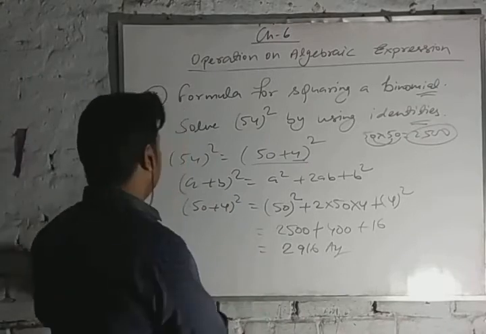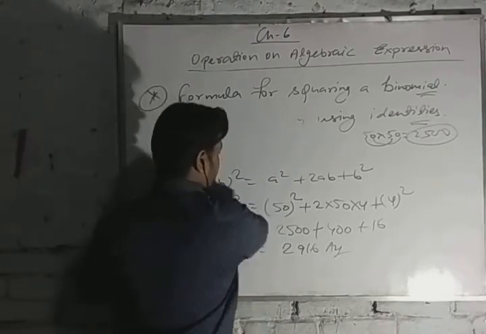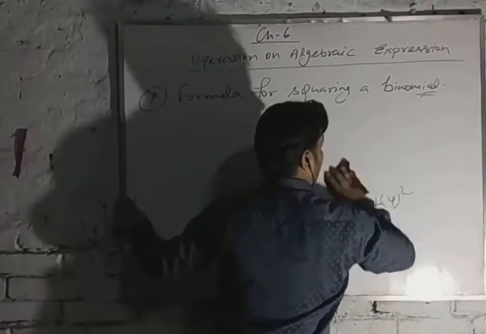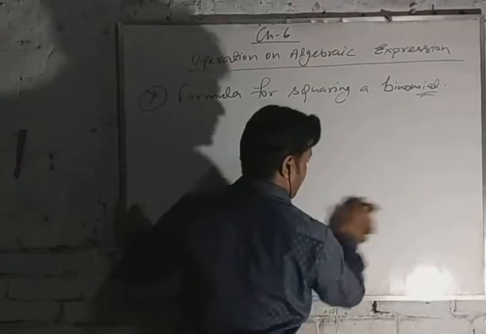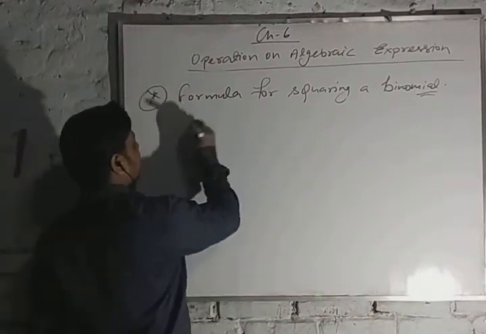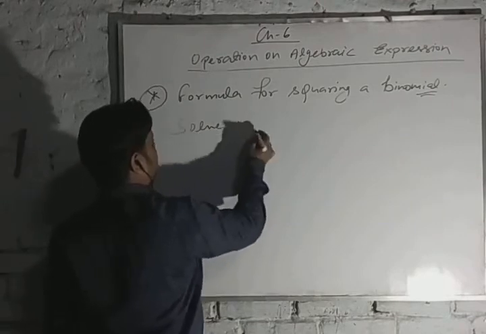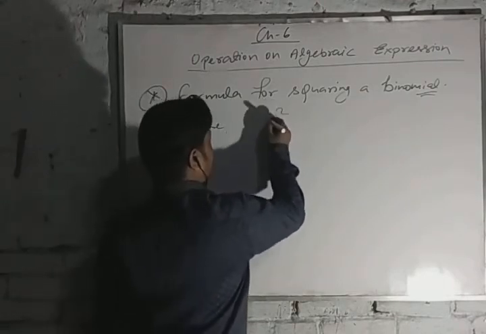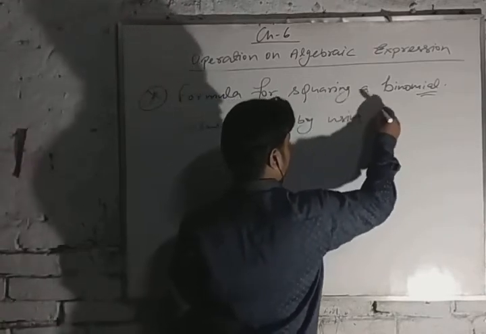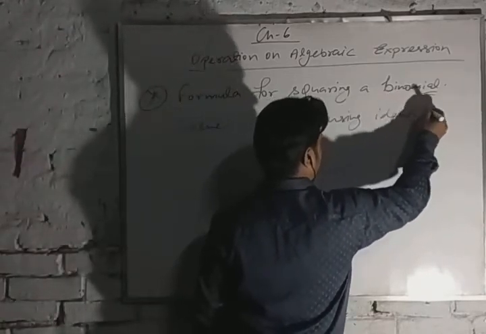Okay. So let's see. Now, if the question is to solve 99 to the power 2 by using identities.